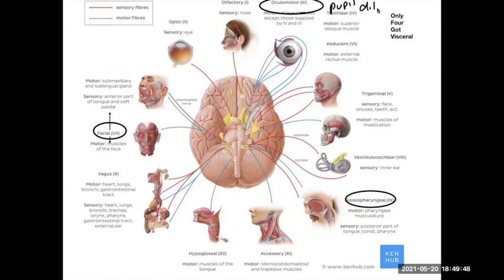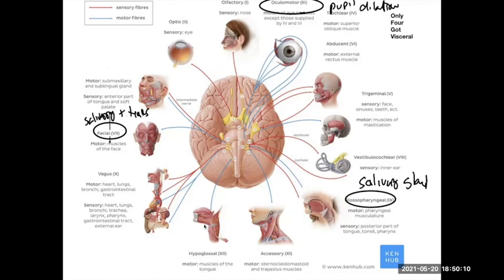Pupil dilation for smooth muscle around your eye. This is going to be salivary gland. This is going to be also salivary and tears.